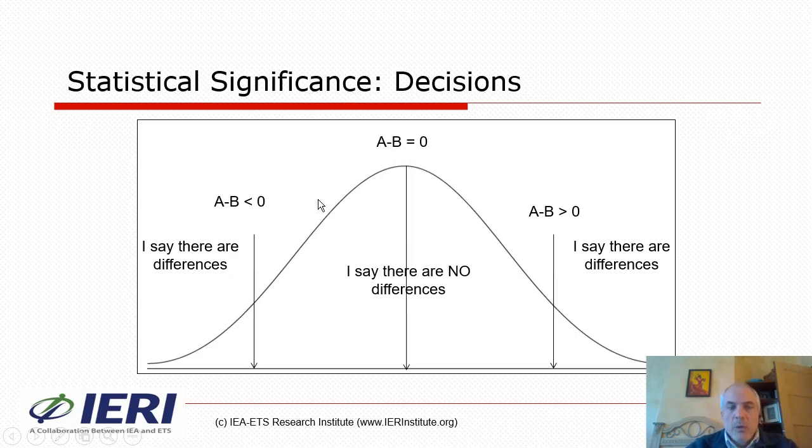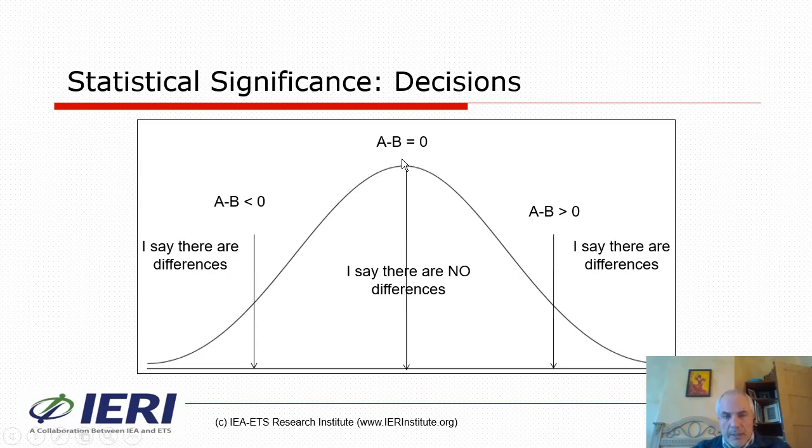Sometimes A will be greater than B, sometimes B will be greater than A. So there'll be some variability, but there's a threshold, and if the difference is larger than that, or in this case smaller or larger than this, then we say that it is unlikely that difference would have been observed by chance, given that A and B come from two samples from the same population, and therefore we say this difference is statistically significant.